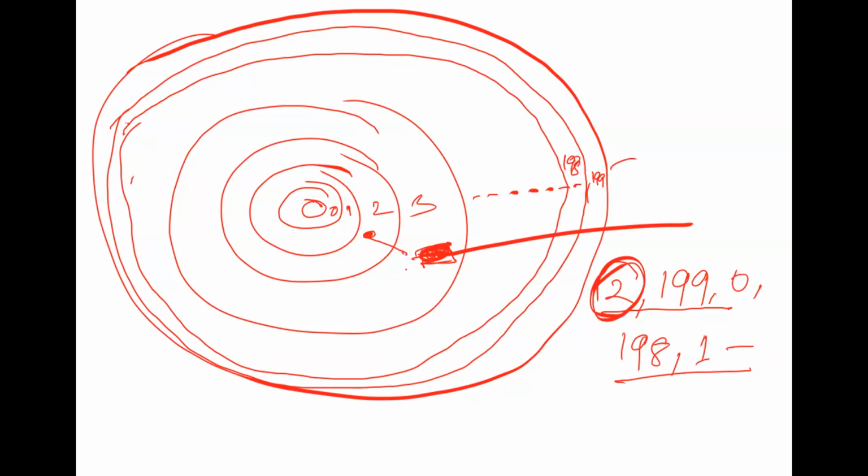Let me make an arrow here so you can understand easily. Then you get the request for track number 199, so the head moves from track 2 to track 199. Okay, it moves in this direction.